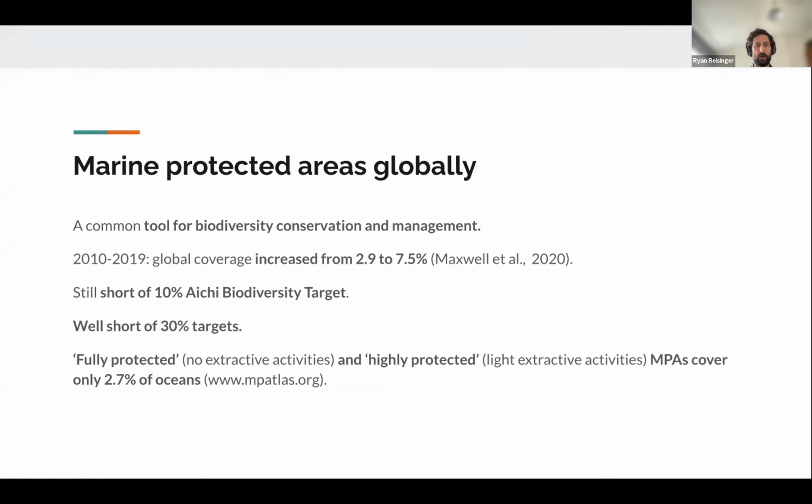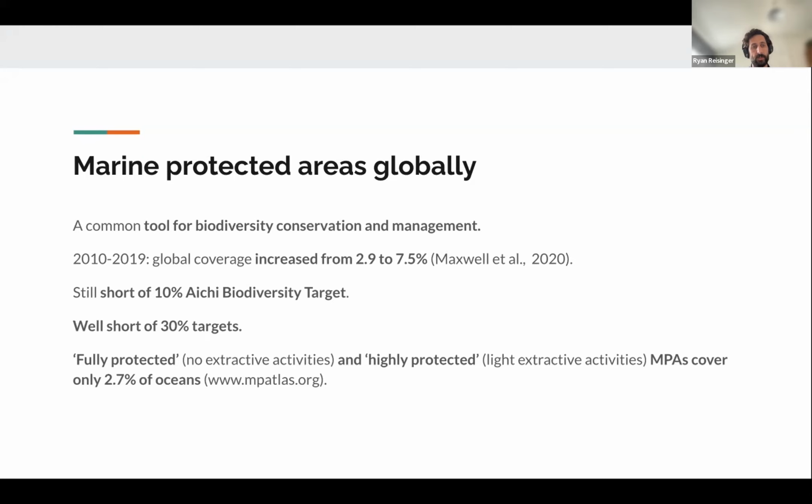Because humans are increasingly impacting marine systems, a common tool to deal with this is marine protected areas. From 2010 to 2019, global coverage of marine protected areas increased from 2.9 to 7.5%, but this is still well short of the 10% or more ambitious 30% targets that have been proposed.